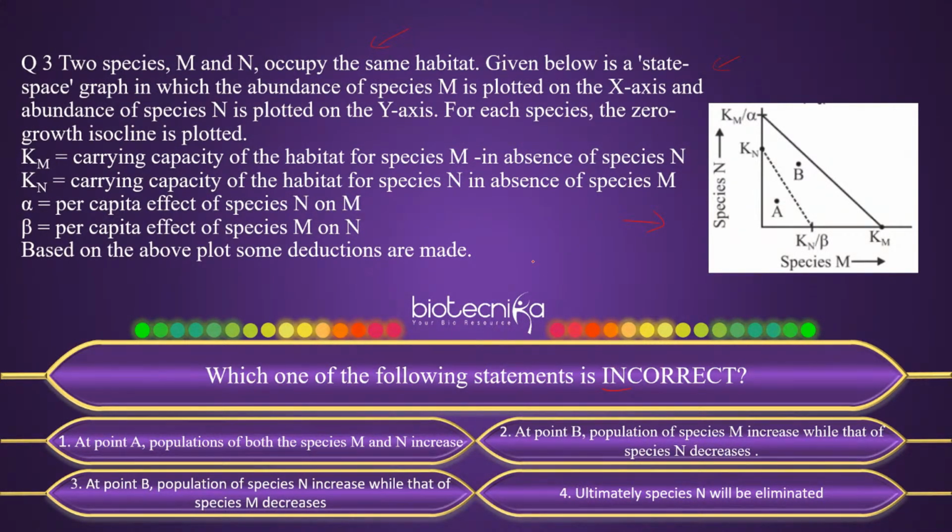Use your lifelines. If you know the concept, that's one. Second lifeline, read the question carefully. The question asks which statement is incorrect, so you don't need to select the correct option. Rather, you have been asked to choose the incorrect statement.